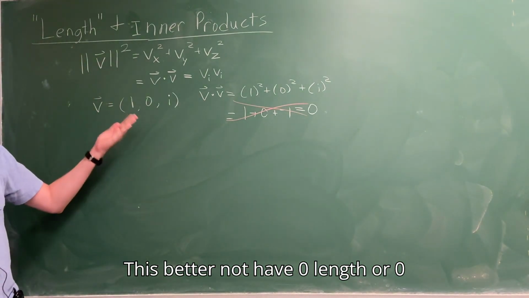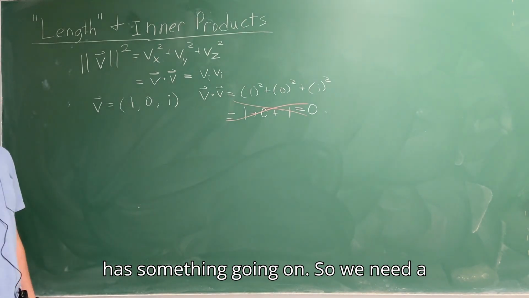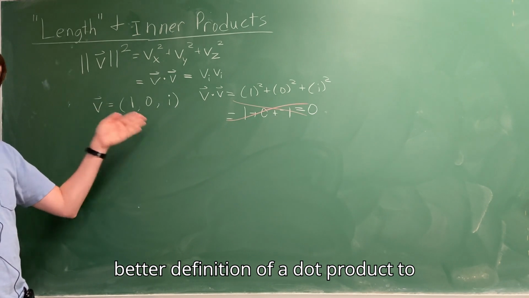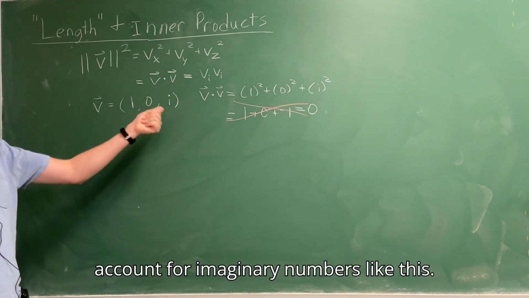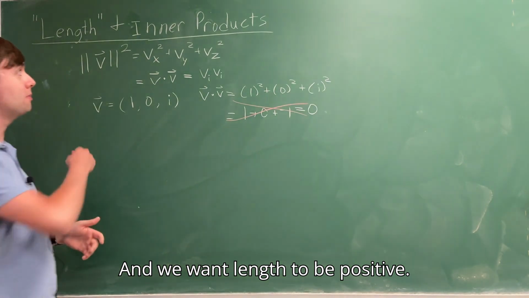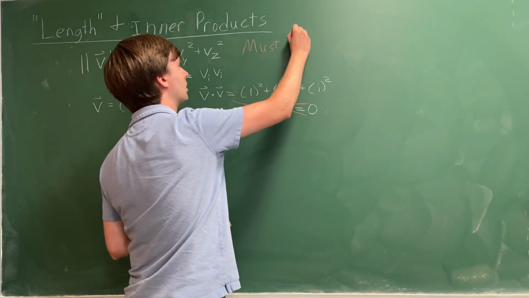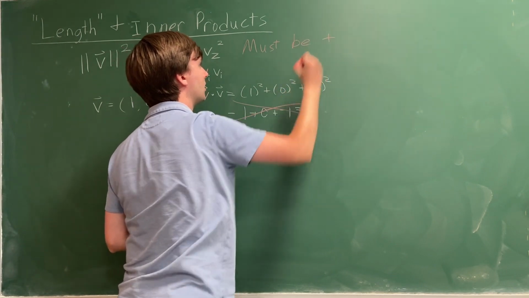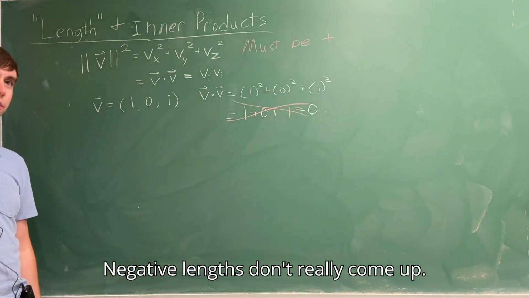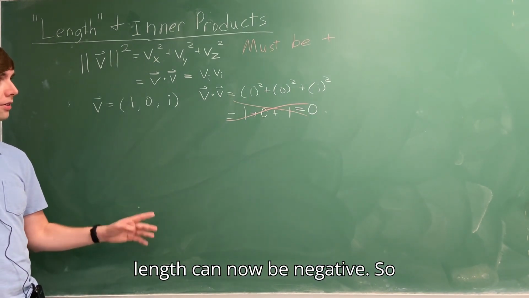This better not have 0 length or 0 probability. It's pointing somewhere. It has something going on. So we need a better definition of a dot product to account for imaginary numbers like this. And we want length to be positive. Negative lengths don't really come up.